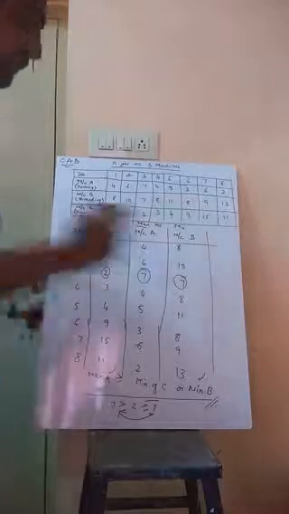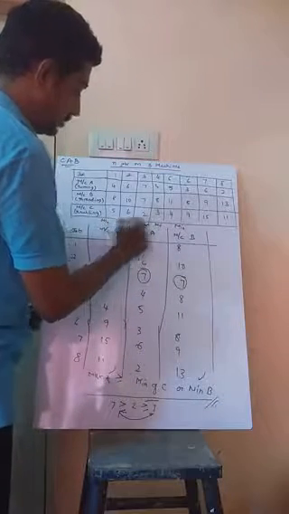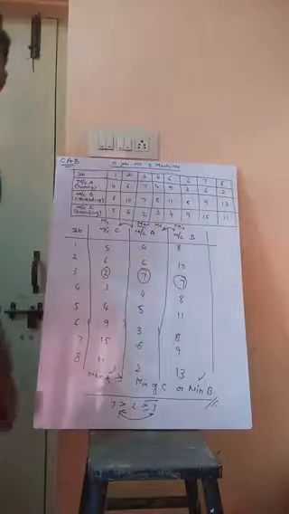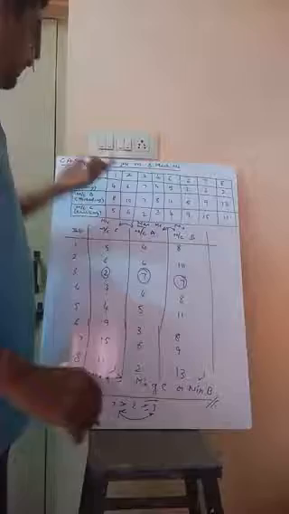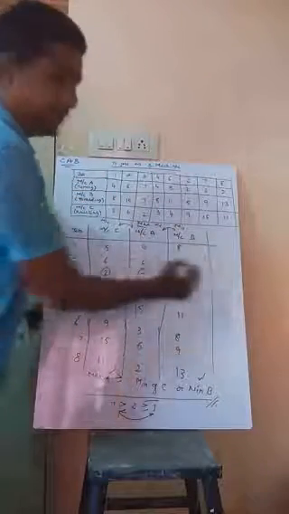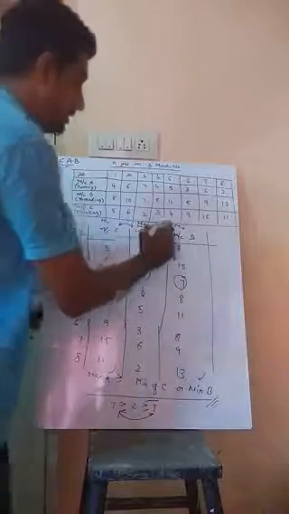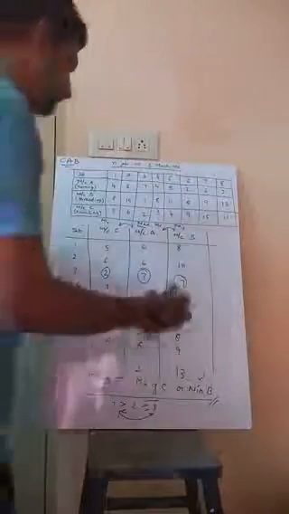Now in the next step we will be adding these columns, 1 and 2, and 2 and 3, just to find the sequence of the jobs. We need to bring these three columns into 2 columns by adding C plus A and A plus B. Now we'll be doing that.